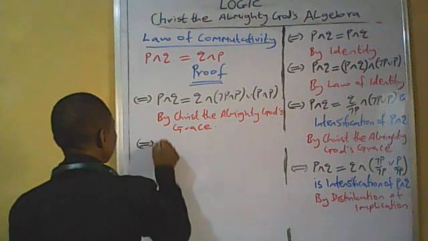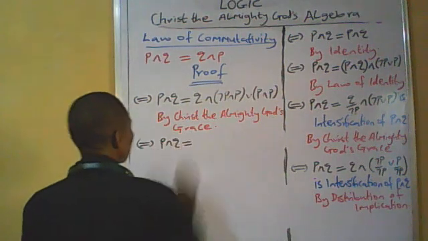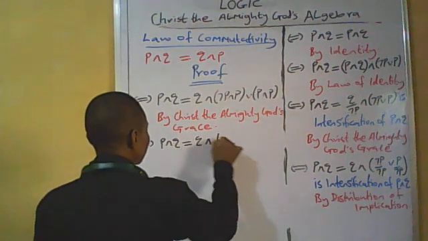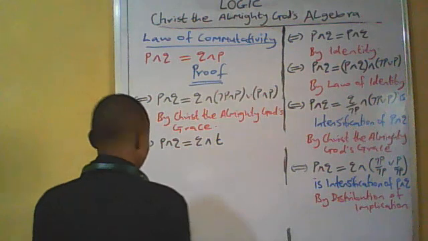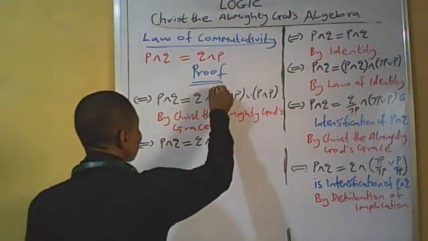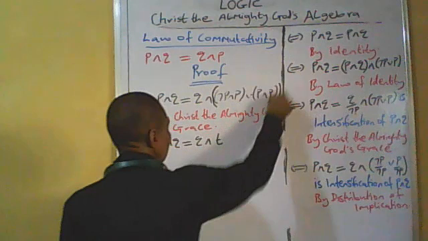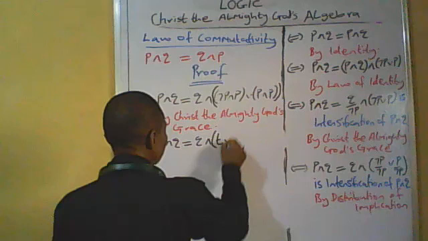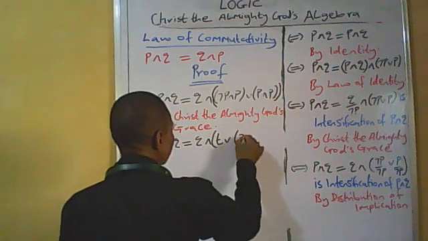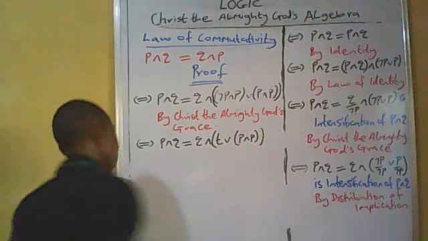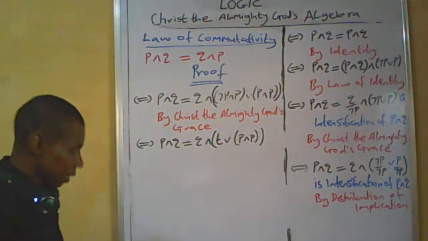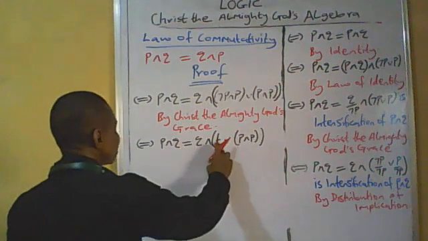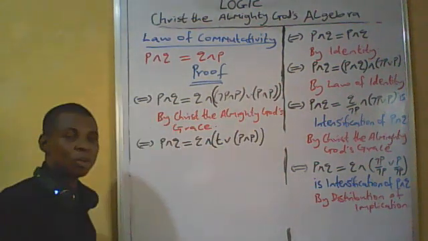If and only if P and Q is equal to Q and T. Sorry, let's forget it. So T or bracket P and P, being justified. So this not P and P is equal to T, being justified by law of complement.